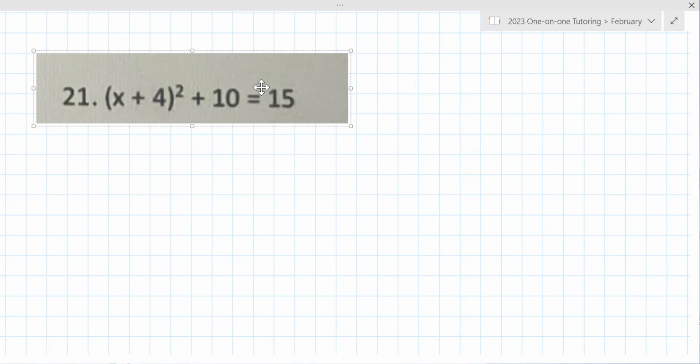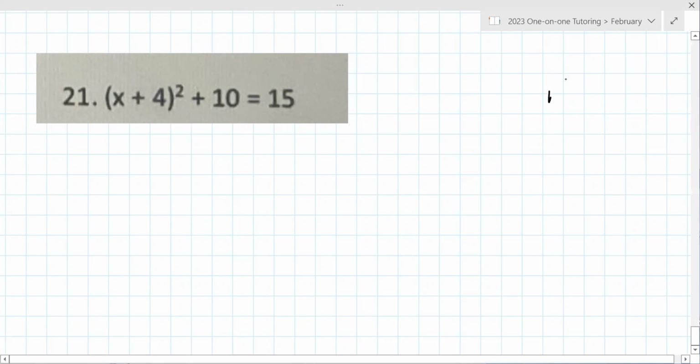I'm stuck at the square root of 5. I forgot how to do it when it's a prime number. You just leave it. It just stays the square root of 5. Okay. Good question though.